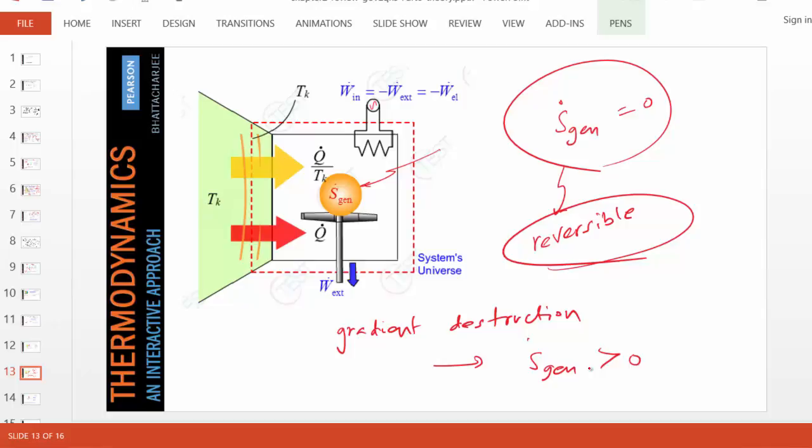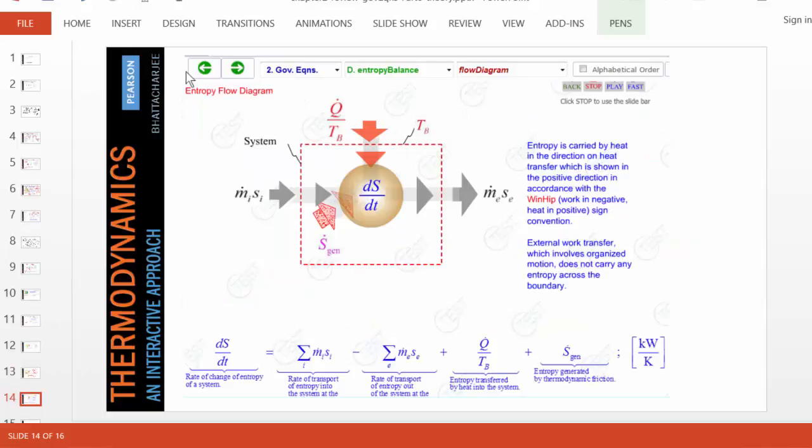So if S dot gen equals 0, this is the best way in which you can carry out many different processes. That's how we'll figure out the most efficient engine. This will have a whole lot of application in the coming series of modules.